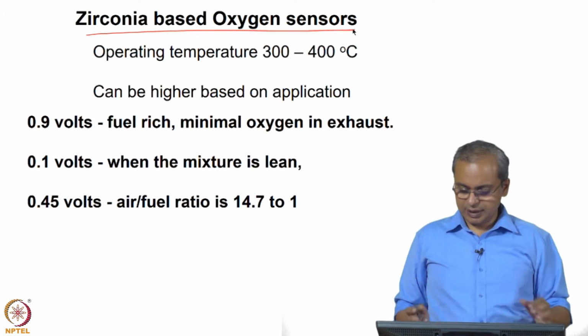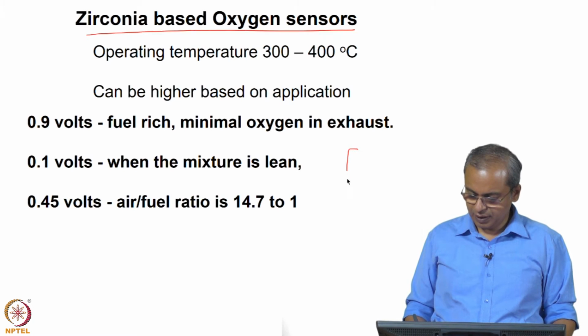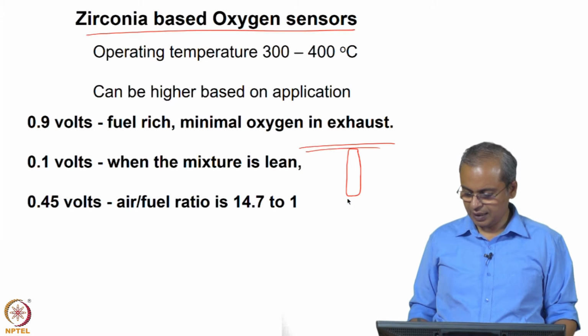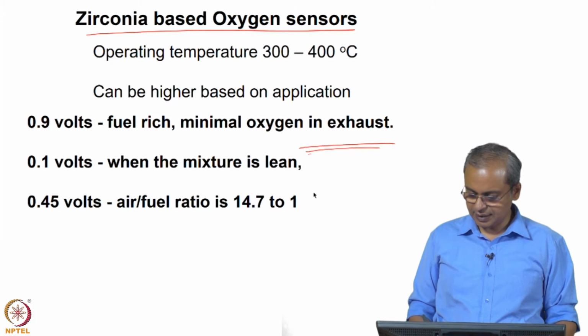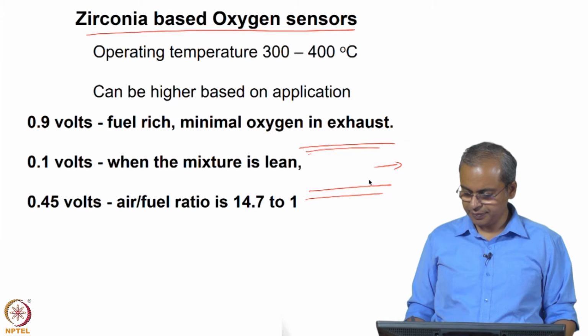So, now how does the oxygen sensor work? You basically have a pipe through which the exhaust is going. In this you will have a sensor, attached here, and you have a small electrode here, and you will also have a small electrode here, and then it continues.